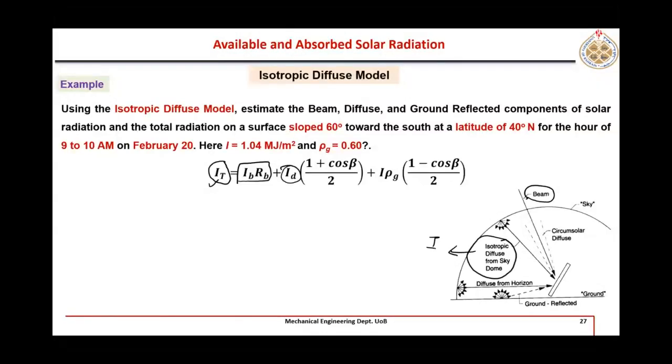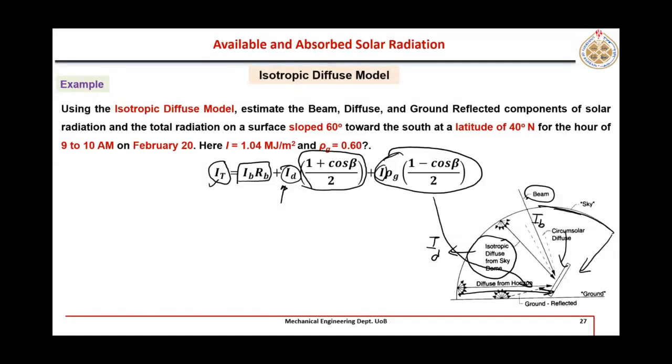This is the diffuse part, ID. This is the beam part, IB. And out of this total, how much is reflected? This portion is representing the reflected part. And of the diffuse part, only a part is falling on that collector area. This part is not falling, so that's why we have the effect of this view factor.